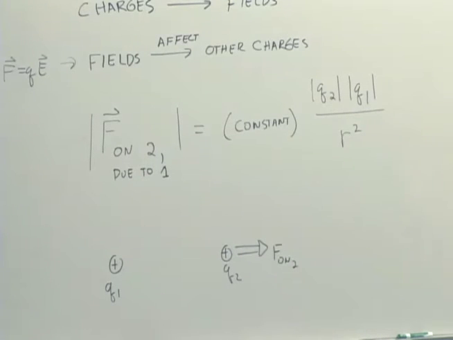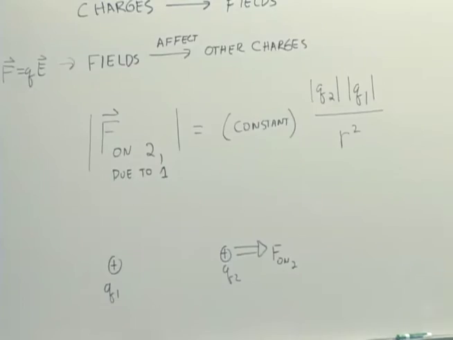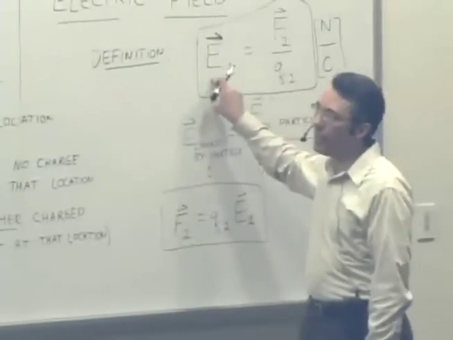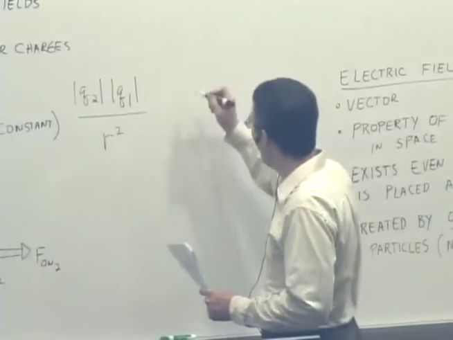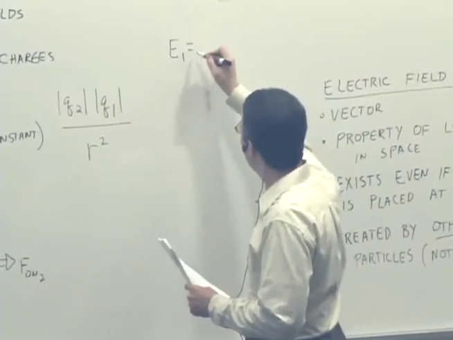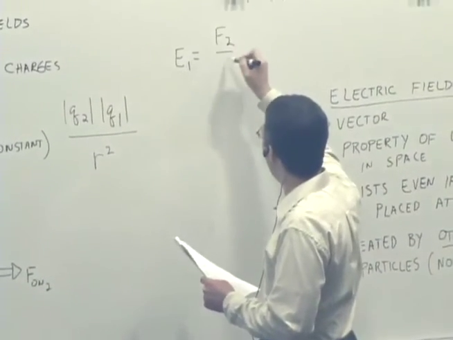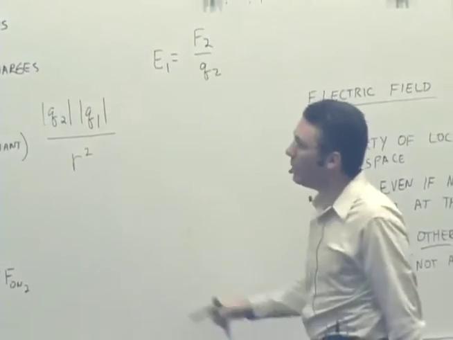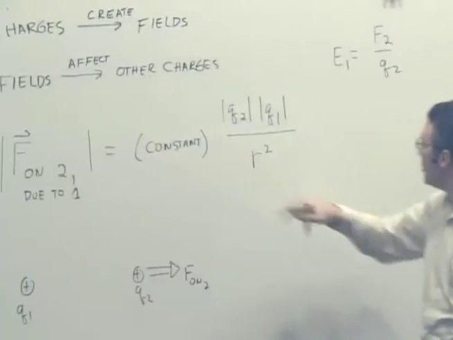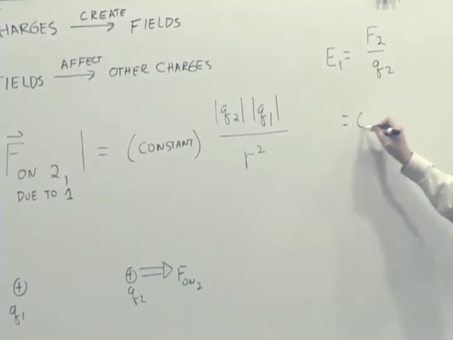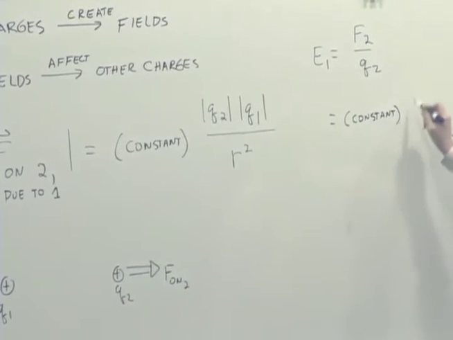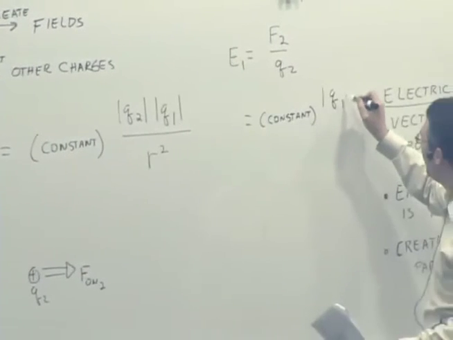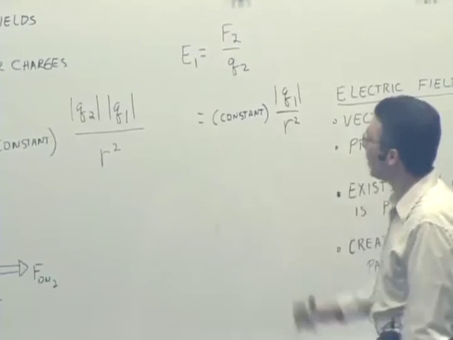Okay. Well, now I can use this and the definition of electric field and think about if E1 is equal to F2 divided by Q2. If I divide this force by Q2, I get a constant times Q1 over R squared.